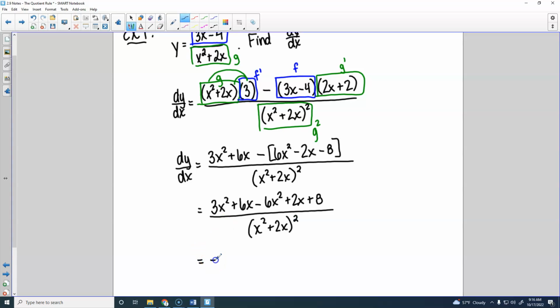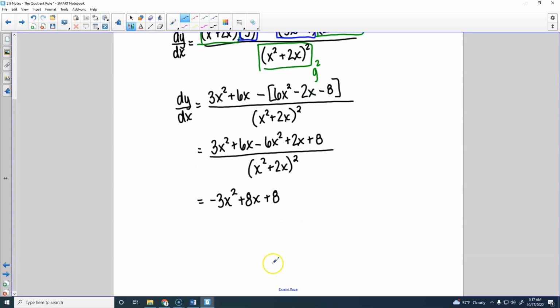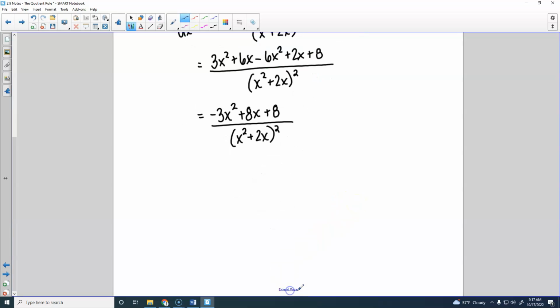So that will give us negative 3x squared plus 8x plus 8 over (x squared plus 2x) squared. I don't know if anything will factor there. That'll cancel anyway. I think this is probably it.